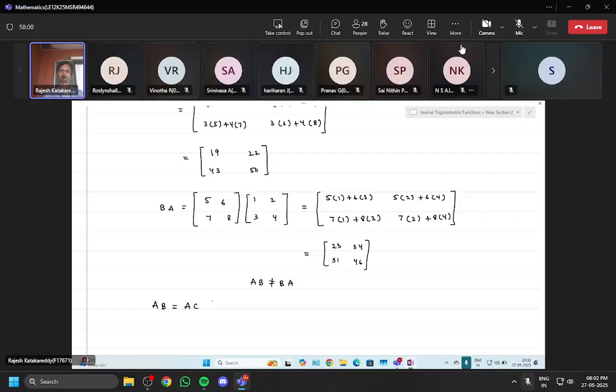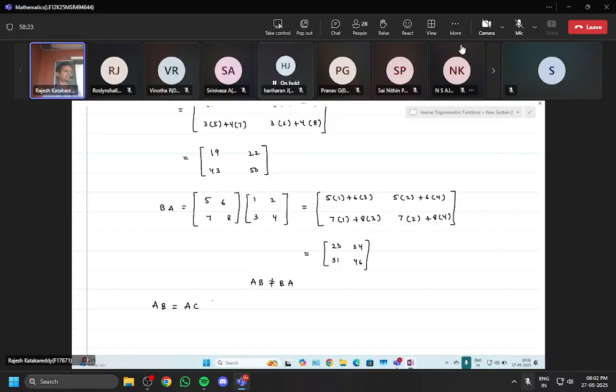Null matrix. One moment please, he's saying something. A, B, C are non-null matrices, no identity matrix. Now tell. A is non-singular. In that case it is true, correct. Cancellation law holds if A is non-singular.